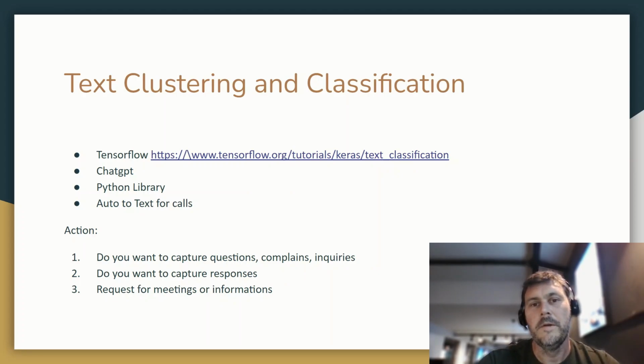First would be to use something like text classification, and there are a few options here. You can use TensorFlow or an AI library to classify your text. It may be on predefined topics, such as: here are my following topics, classify it into these following topics, these kinds of customer problems or questions.